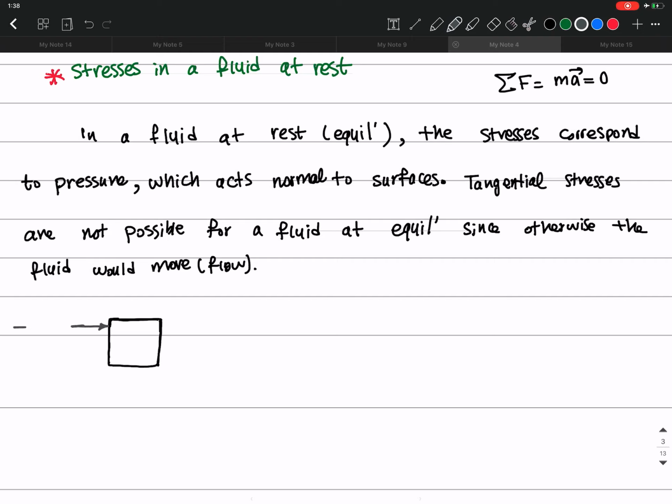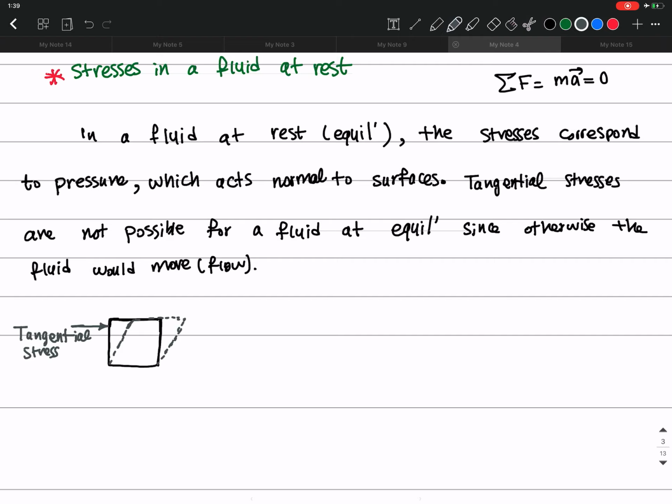So what happens to this fluid particle? It just keeps moving. This was actually the definition of a fluid. It will keep moving until you exert the force.